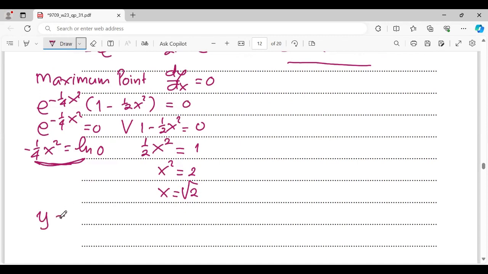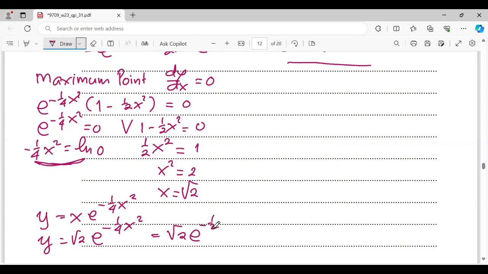So y equals x e power minus a quarter x squared, and x equals square root 2. So y equals square root 2 e power minus a quarter x squared, equals square root 2 e power minus half.